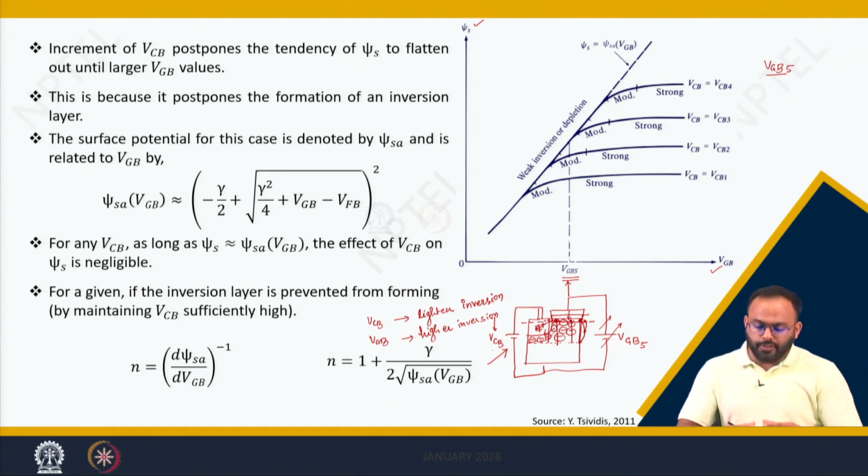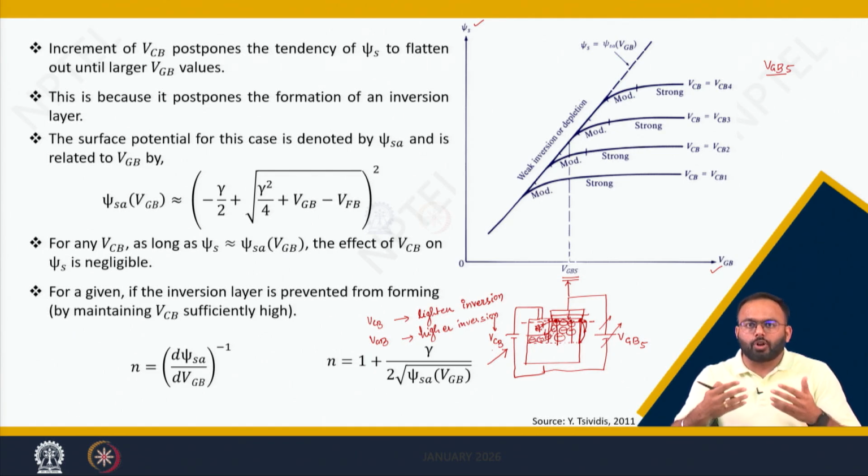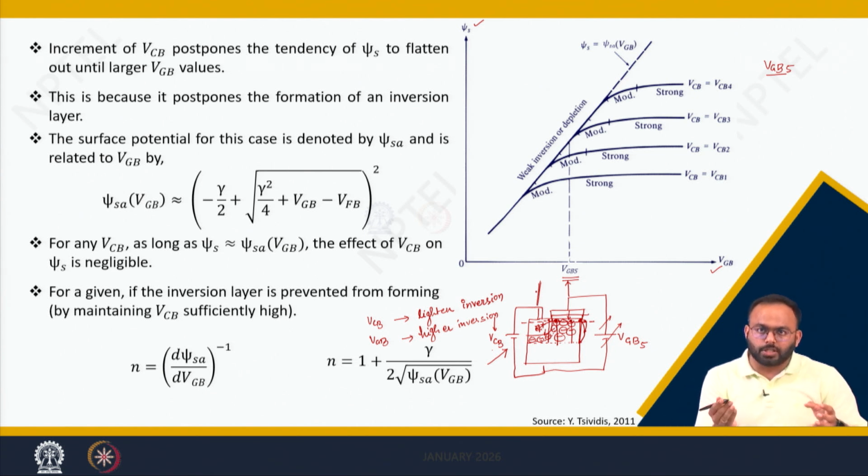You can reframe this complete study as you have two voltages. When you increase VGB, the surface potential increases. That surface potential causes more electrons to come here and the inversion layer forms. Now, when you increase VCB on this side, you are increasing the positive attraction force on those electrons, which will go towards VCB, and hence the inversion layer decreases.